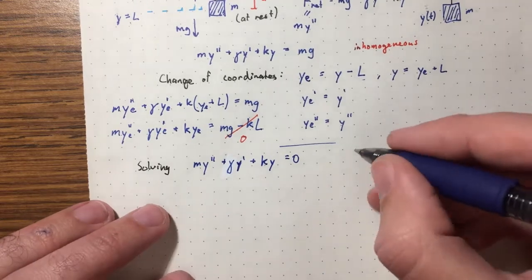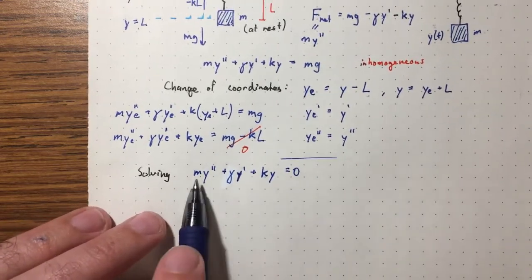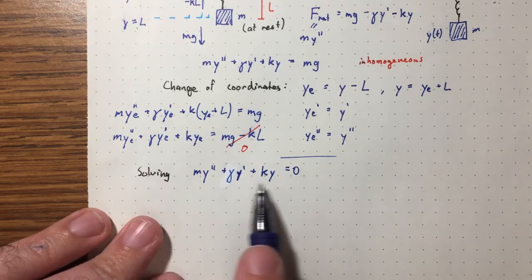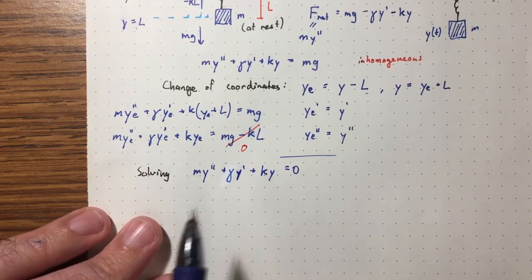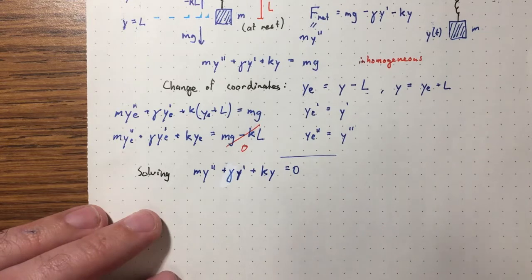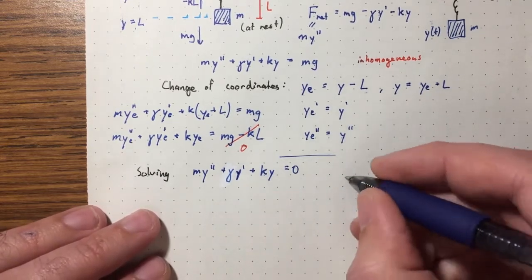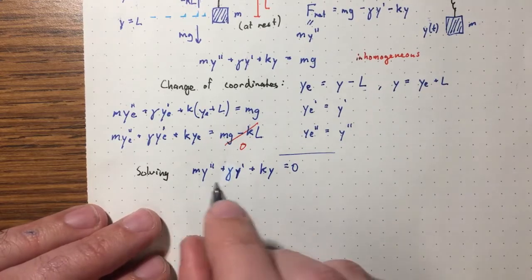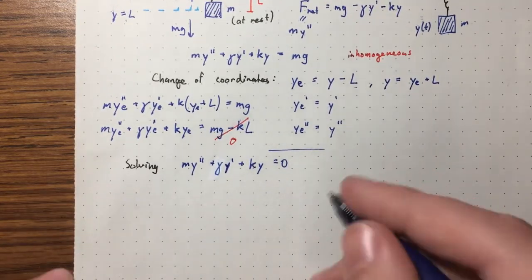And I also want to keep in mind that this is not like the differential equations we've been solving in the previous few lectures. Well, actually it is. It's very similar. But we have an added restriction here, which is that all these coefficients are positive numbers.